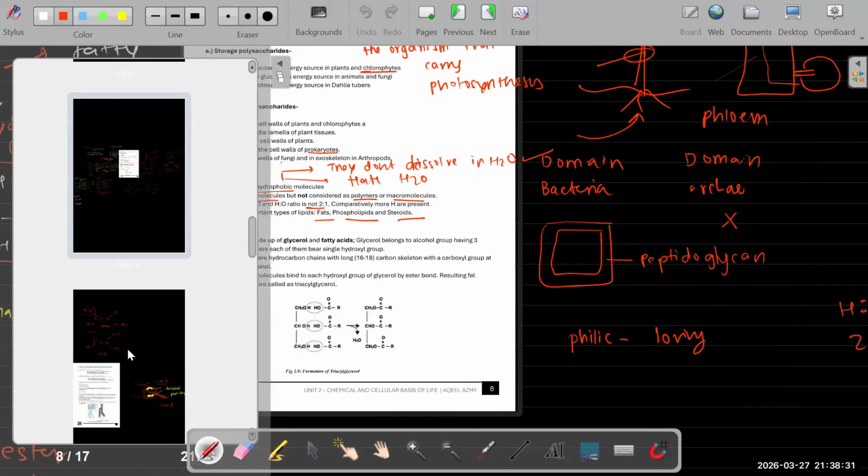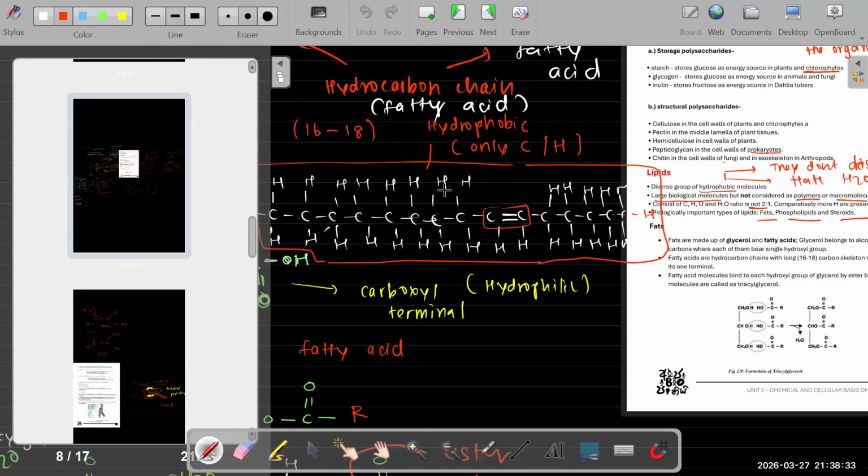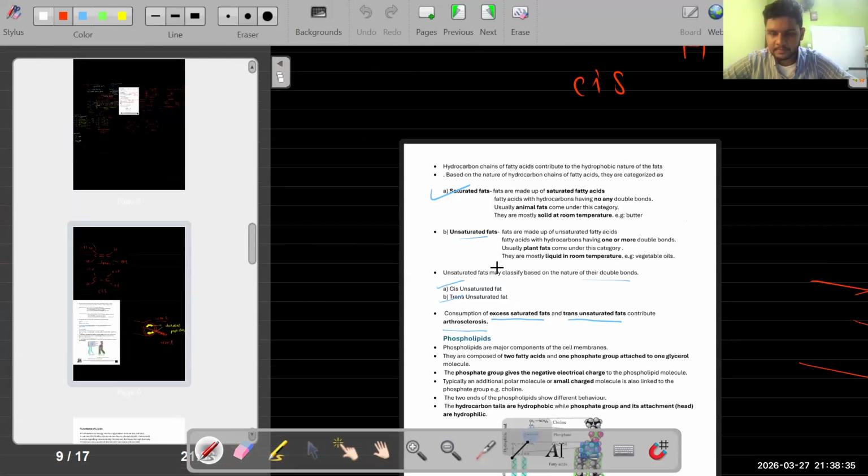Okay, right? Is this complete part clear? Just check and let me know.